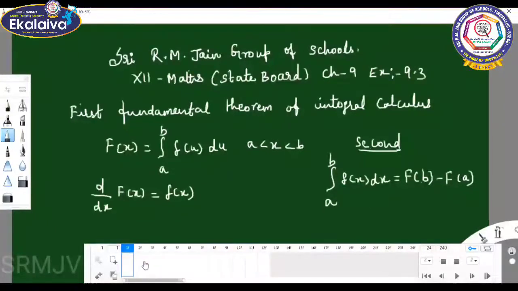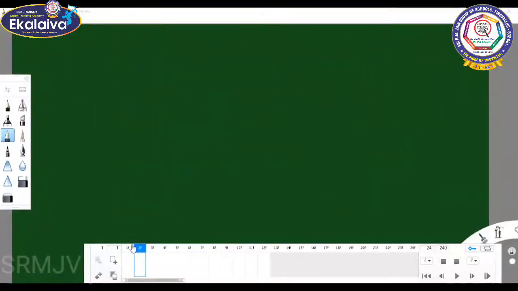Before we enter into the sums, we can see the properties, because we are using the properties to do the sums. So property 1. What is property 1? Properties of integral calculus. Integral a to b f of x dx equals integral a to b f of u du, where a is less than b.